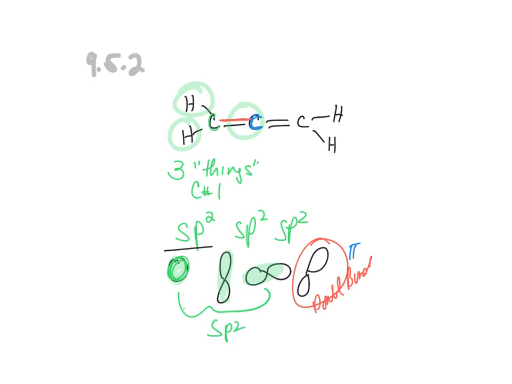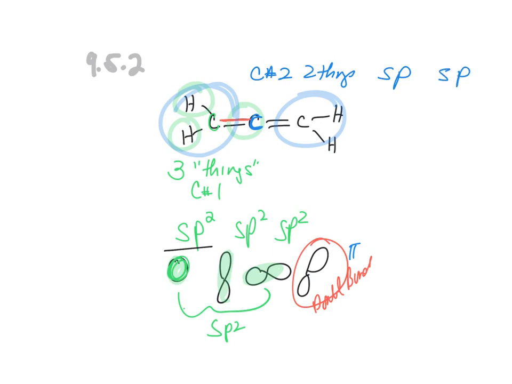Okay, so here we have the next carbon. So let's count how many things. We got 1, 2. So this carbon number 2 has 2 things. And so you would do S and a P. 1 plus 1 is 2. And since there's 2 things, you'd have to have 2 of these. And you would have 2 pi or unhybridized p orbitals left over.